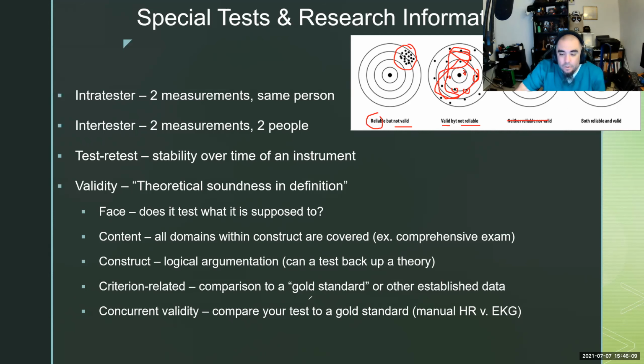So a criterion-related validity would be me comparing a score from an SAT to a score from a newly created test. That would be the criterion. And then I could compare the tests against each other. That would be concurrent validity. So you get a score from your SATs, right? I think it used to be out of 1600.